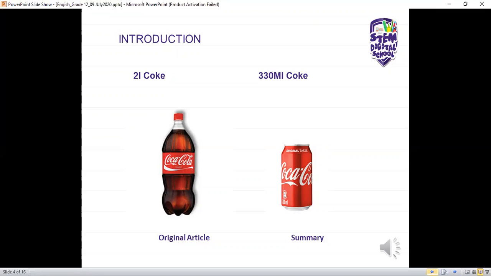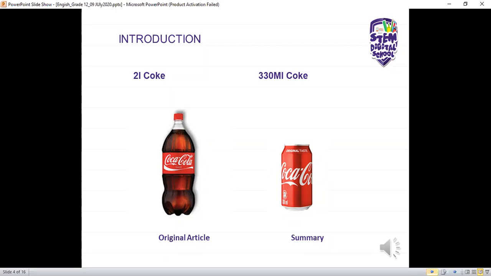If I pour the 330 ml in a glass, and then ask you to drink, still pour in a glass from the 2-liter Coke, ask you to drink, you wouldn't be able to tell me that this one is from the 330 ml Coke or the 2-liter Coke, which means they are the same, but the size is just different.